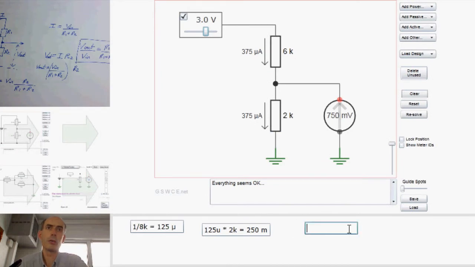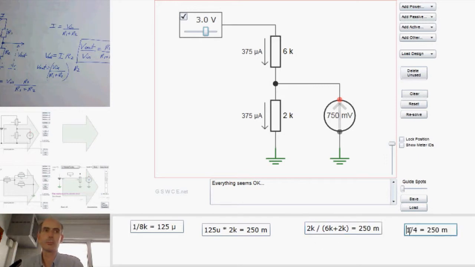And what we're seeing here, the ratio of R2, which is 2K, to R1 plus R2 is 250 millivolts per volt, or 1/4, a quarter, 0.25. And whatever voltage we put here, we'll get 1/4 of it there. 4 volts, 1 volt output. 8 volts, 2 volts output, and so on.